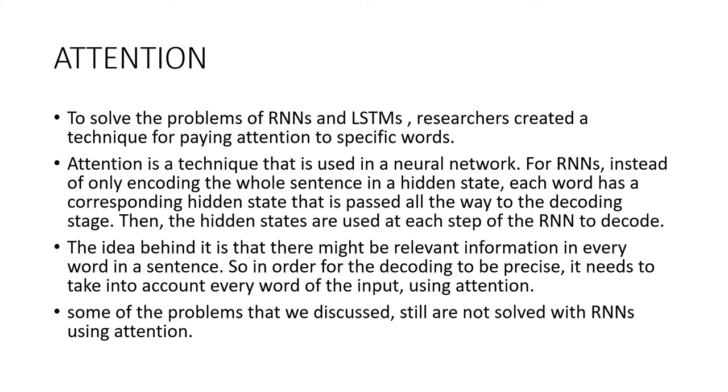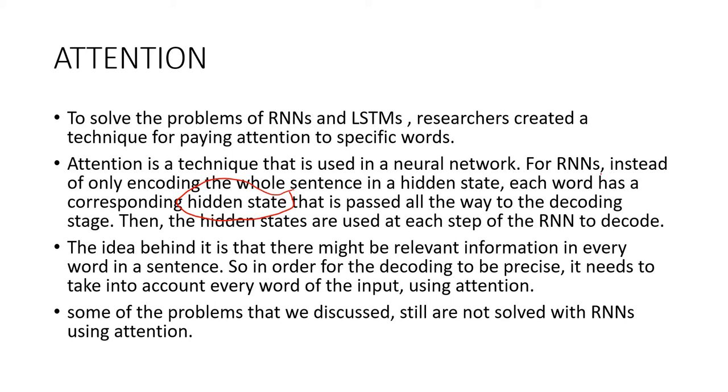networks. Researchers created a technique for paying attention to specific words. Attention is a technique that is used in a neural network. For RNNs, instead of only recording the whole sentence in a hidden state, each word has a corresponding hidden state. That is attention.